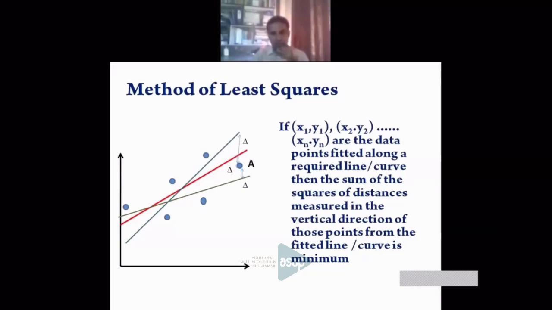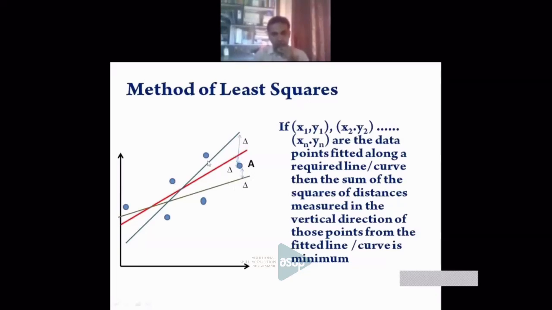What it says is that if you look at point A, which we have just discussed, the vertical distance of this point A from the red line is a small delta. For another line which you have plotted, the green line, you see another delta. For a lower line, you get another delta.